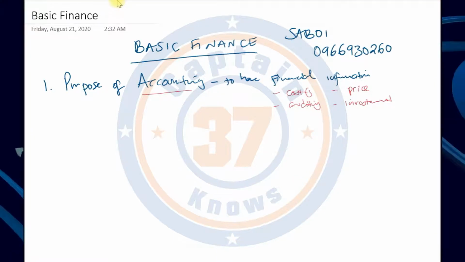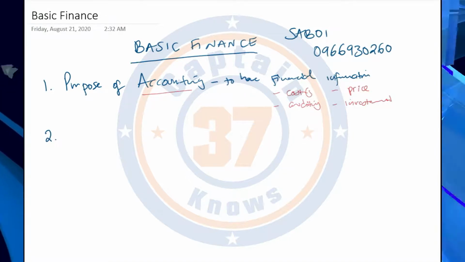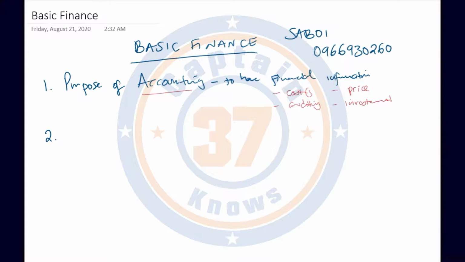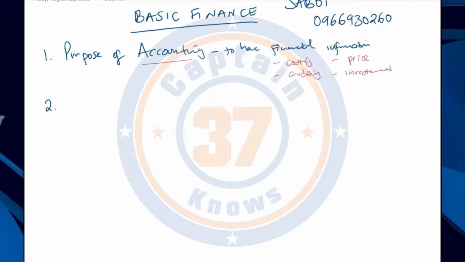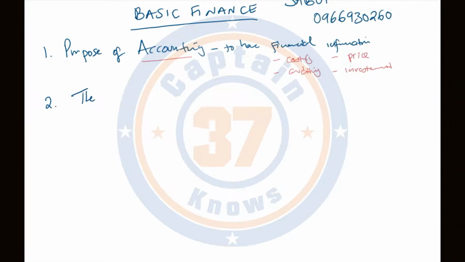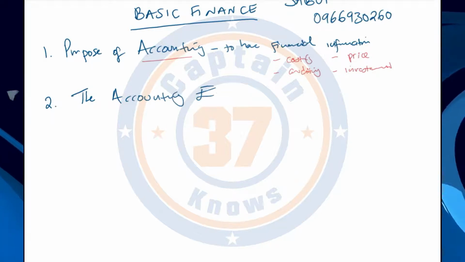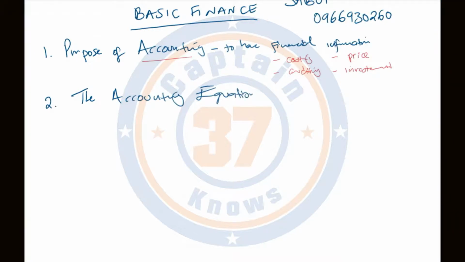So let's move to point number 2. I'm only going to run you through 8 very important points for this particular lesson. In future lessons, we'll talk about other things. Number 2, you need to understand what is known as the accounting equation.